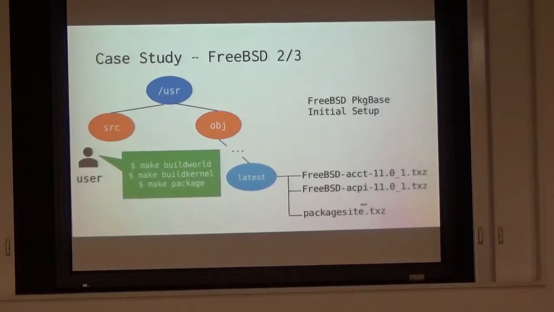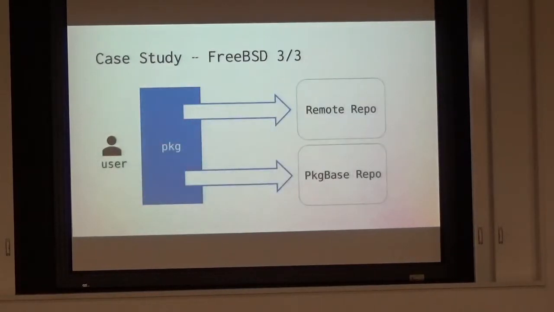Then FreeBSD base packages are created in a local repository. If the repository is enabled for use by the local machine, the user can install base system packages through the pkg command, just like installing third-party software from a remote repository.